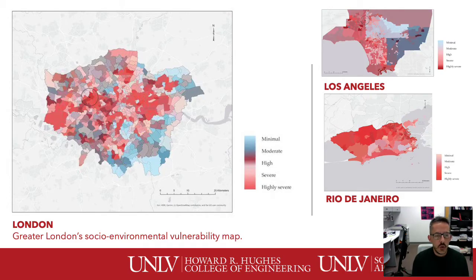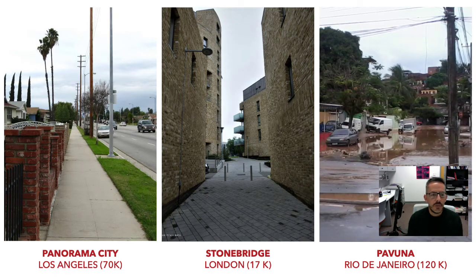We used geographic information systems for mapping social indicators such as household income and health access, and also environmental indicators that show us which neighborhoods are at risk from flood-prone areas, air pollution, and extreme heat island effect. By doing this mapping, we found some of the most vulnerable neighborhoods in each city.